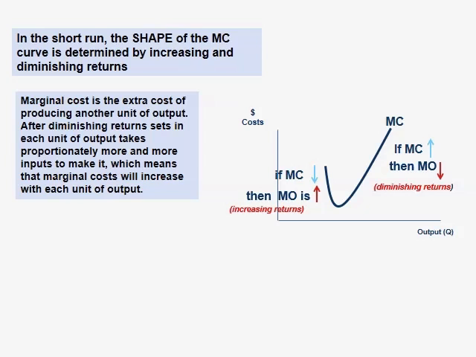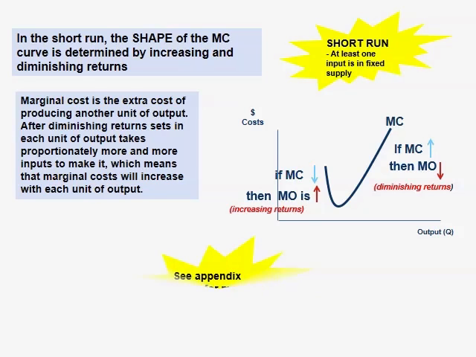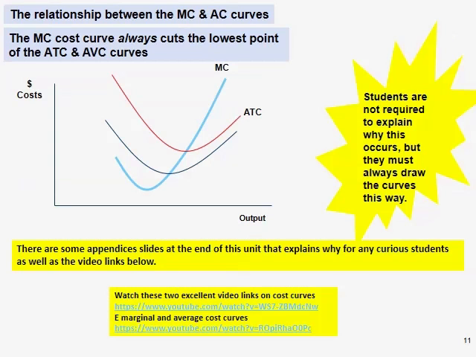Because marginal output must be decreasing. And if marginal output is decreasing, we call that diminishing returns. So very much the explanation for the shape of the marginal cost curve is about increasing returns and diminishing returns.